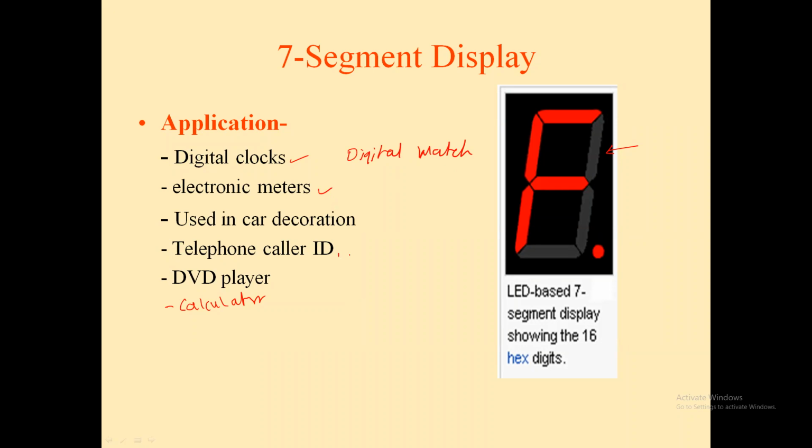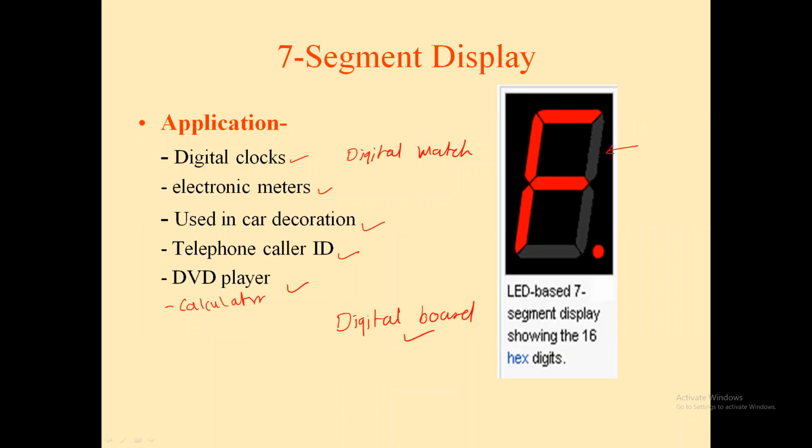Then telephone caller ID, DVD player. Then many applications are there in car decoration, so many LEDs are used. And nowadays, the digital boards used for advertising also use a 7-segment LED display device.